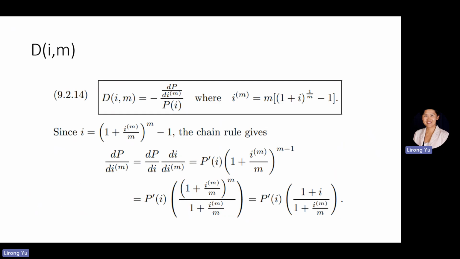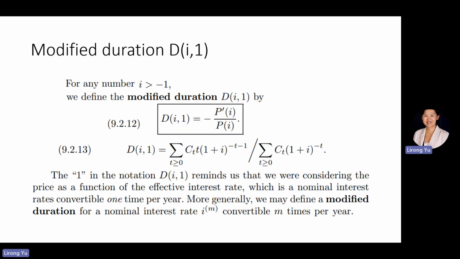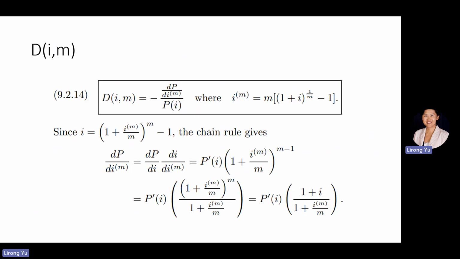So if we have i^(m), then we would do the negative relative derivative, dP with respect to i^(m) divided by P(i). i^(m) is the nominal interest rate, and i is the annual effective interest rate.